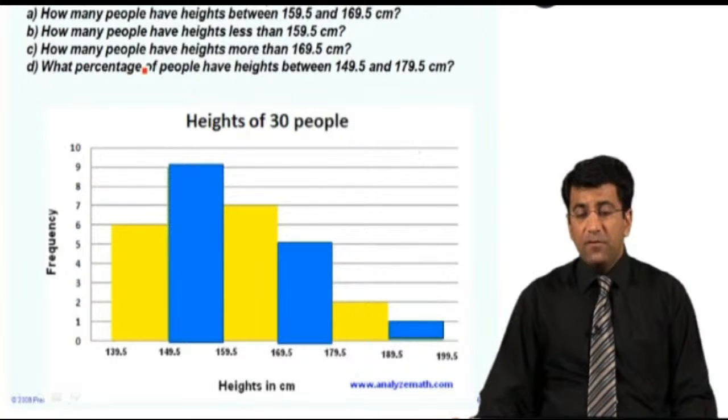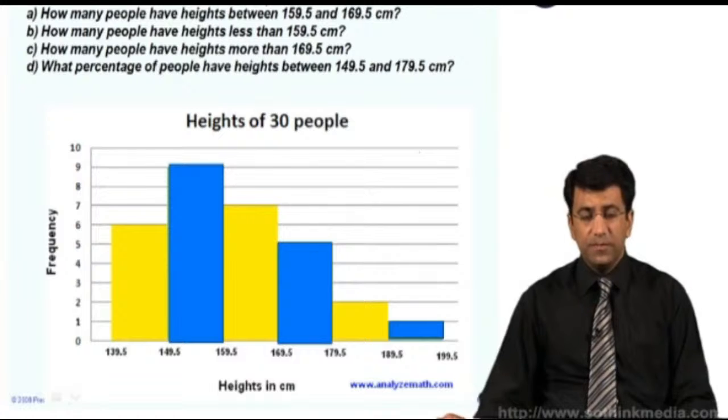Then again, how many people have heights more than 169.5 centimeter? Now this is the graph for the 169.5 centimeter. So the people who have the heights of more than 169.5 centimeter is 5 people plus 2 people plus 1 person, that is 8 people who have the heights of more than 169.5 centimeter.